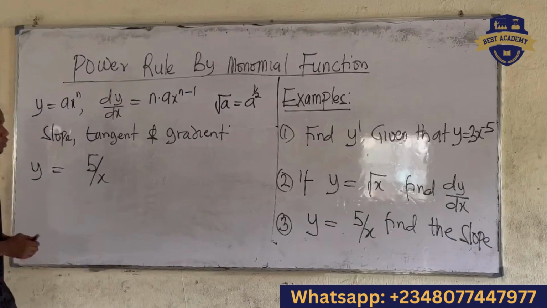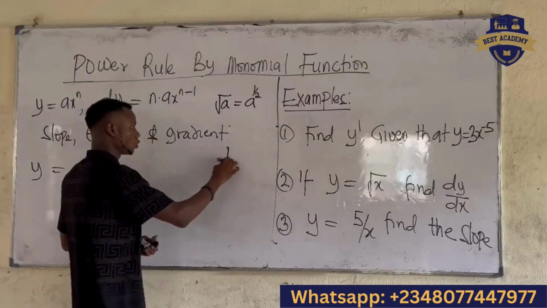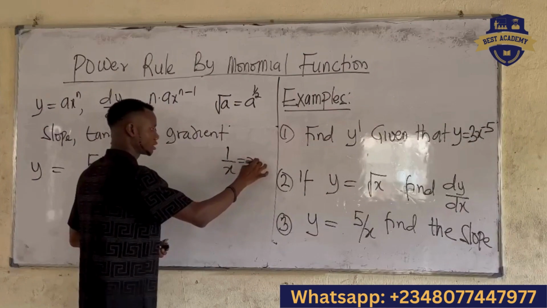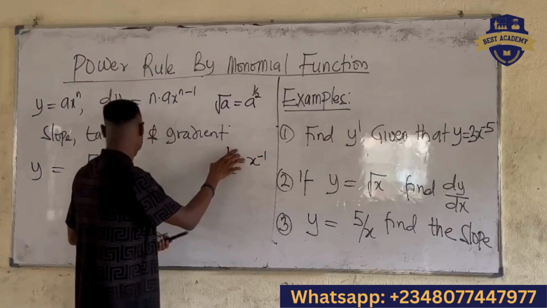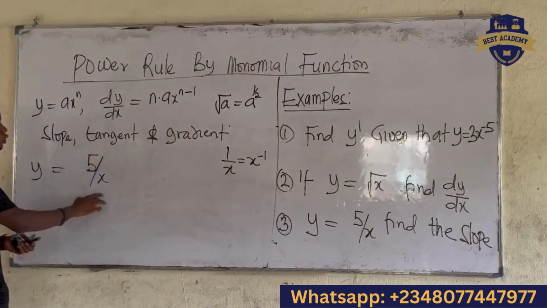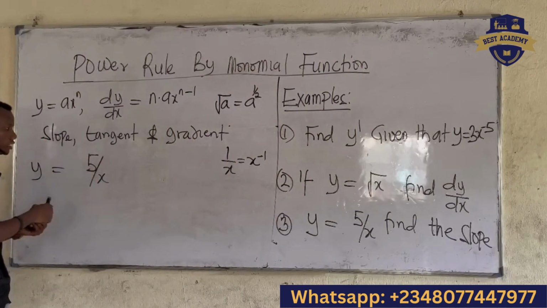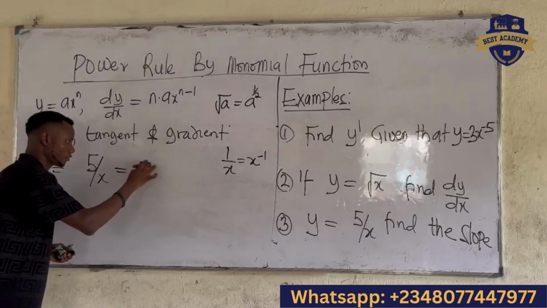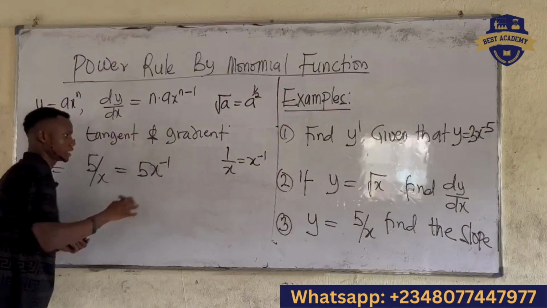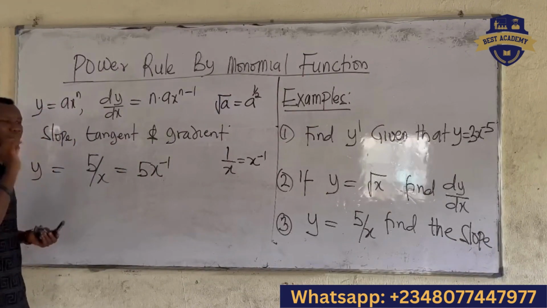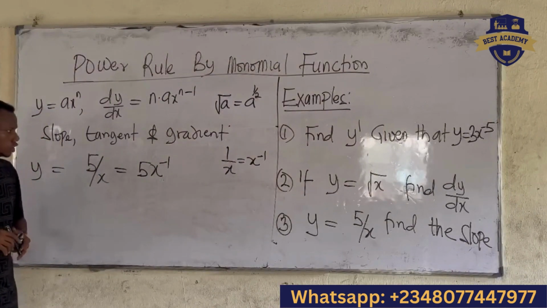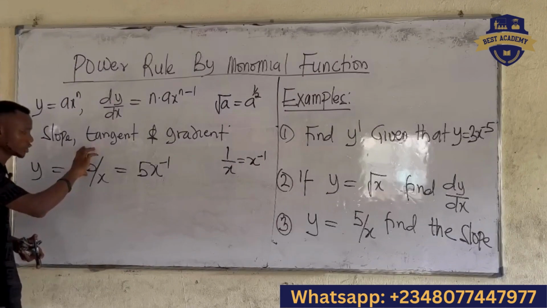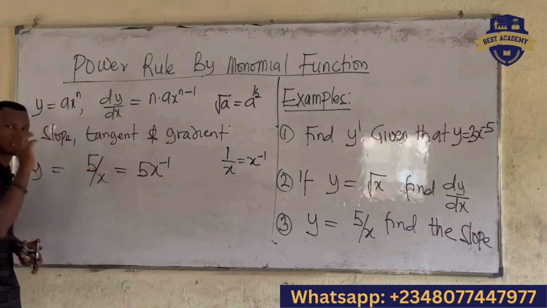Because I know that 1 over s is the same as s raised to minus 1, I can take this from down to up. So this is the same thing as 5 of s raised to minus 1. We only do this if you have a single numerator and a single denominator. Whenever you have a single numerator and a single denominator, it can be expressed in a linear form.